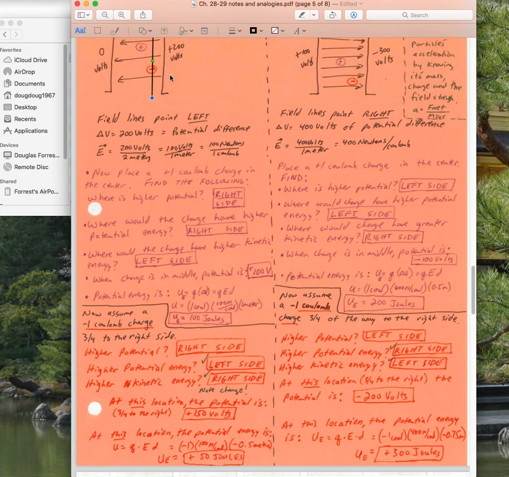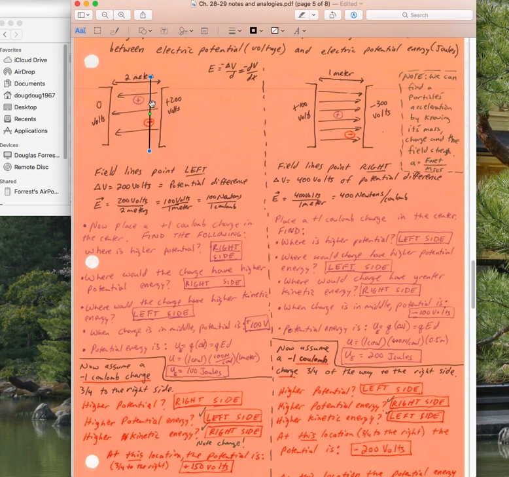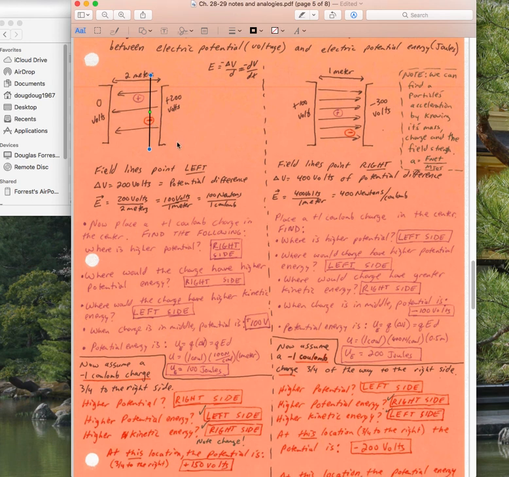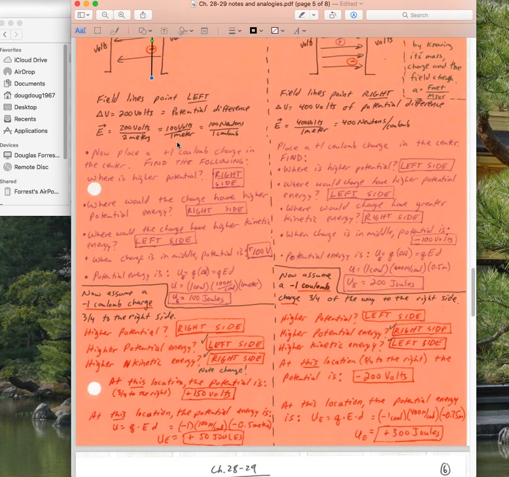Well, this thing can only travel over here half a meter if this is 2 meters wide. It's going to accelerate to the right and hit this plate after half a meter. Well, right now, that's negative 1 coulomb, constant electric field strength, negative 0.5 meters. So right now it has plus 50 joules of electric potential energy.